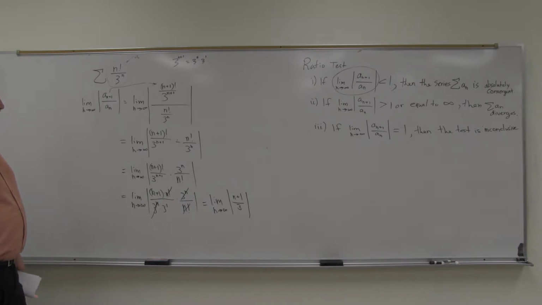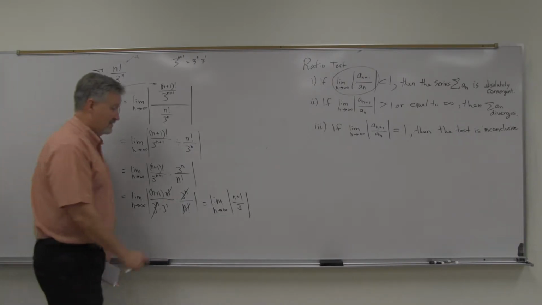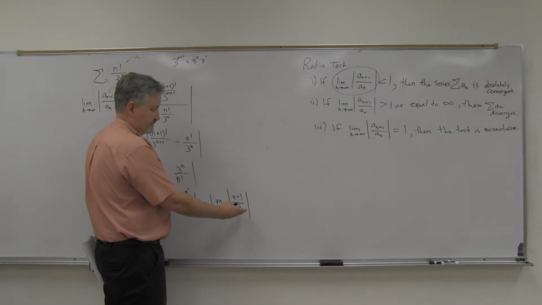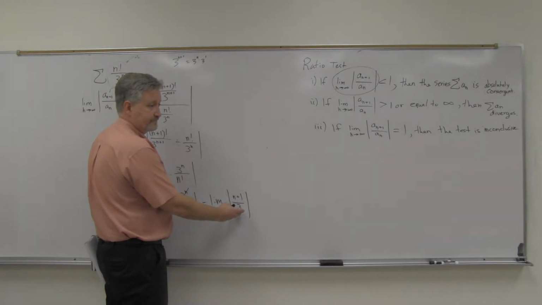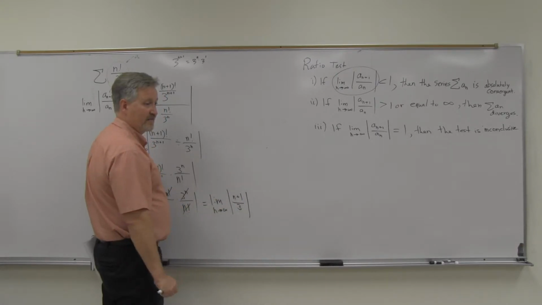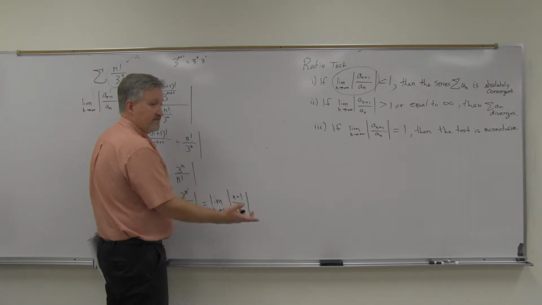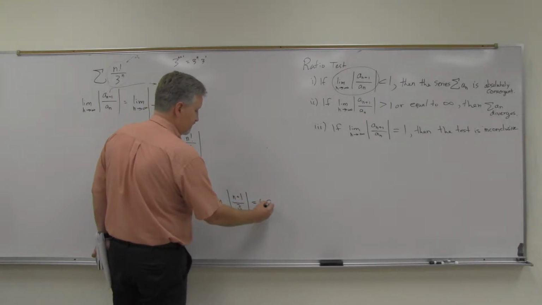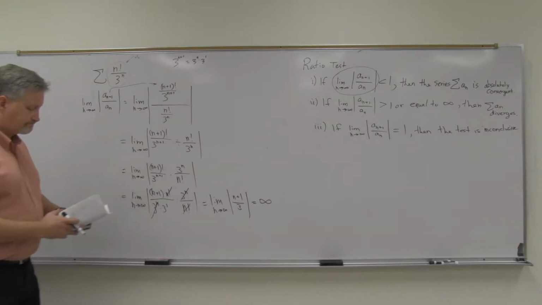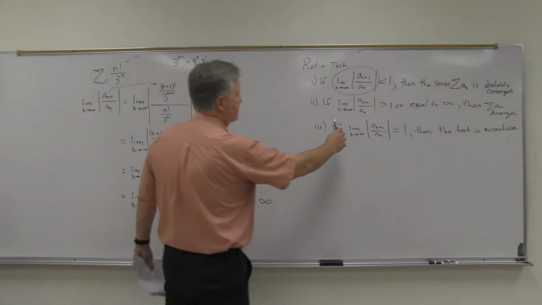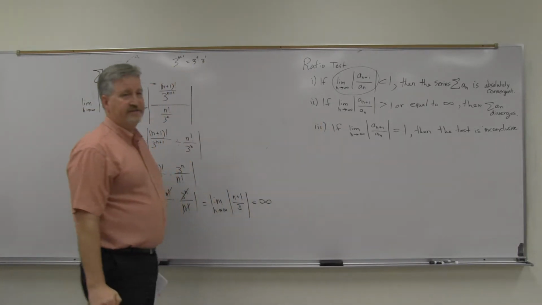Well, this is now to the point where we can evaluate it. Usually when we have these n to infinity limits, we divide by the largest power in the denominator. Well, we don't really have anything other than just 3 in the denominator, so think about infinity plus 1 divided by 3, that's infinity, isn't it? It turns into infinity. And so what I have here is part 2, isn't it?